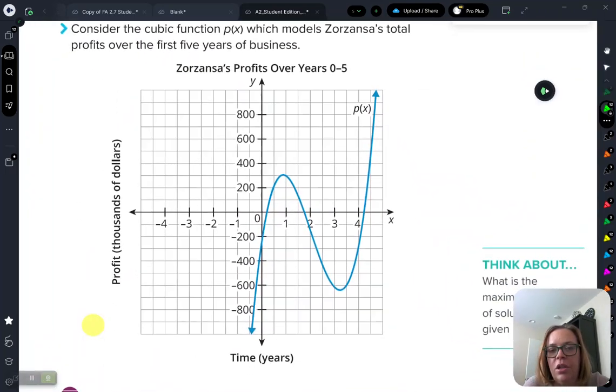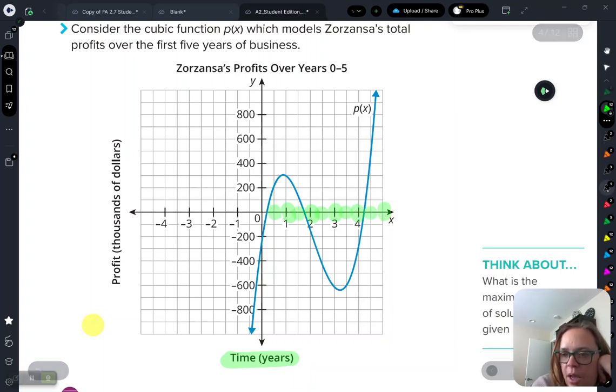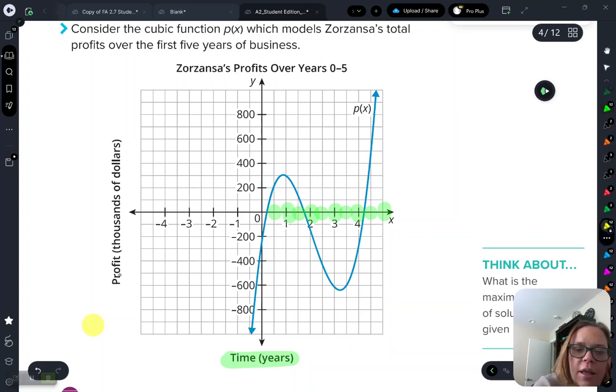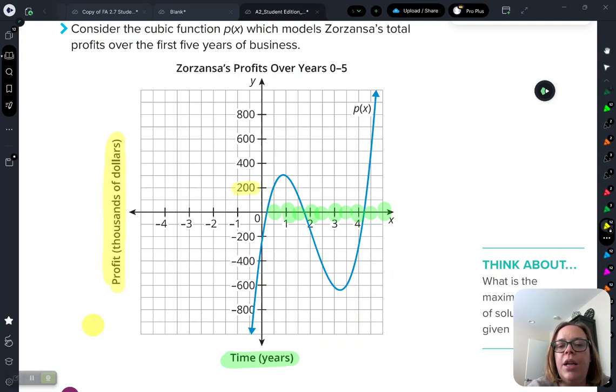Let's pay attention. So we have years now. 1 year, 2 years, 3 years, 4 years, 5 years, but also notice we have half years in between. And for profits, we are in thousands of dollars. So that 200 does not mean they made a profit of $200.